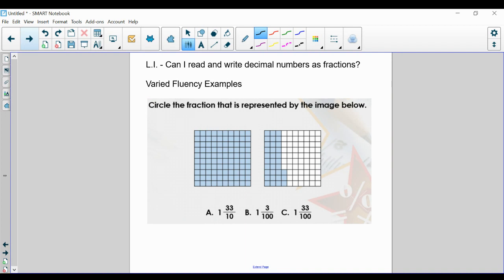All right, here's some examples from the fluency challenges. This is just so you know how to do those ones. So have a look at the representation in the image, and what do you think is being represented, A, B, or C? So pause the video and think about what you think it is.